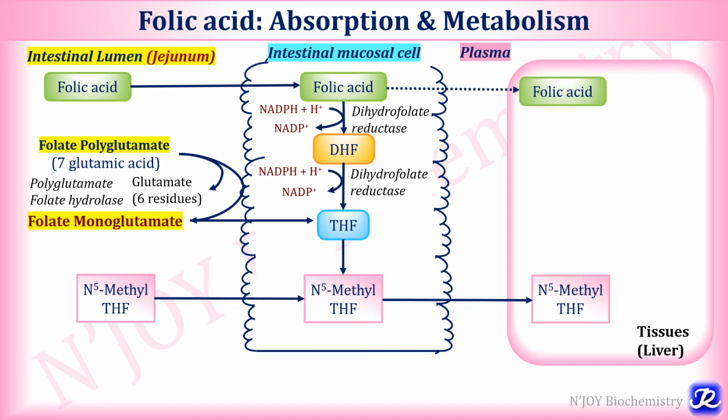And there are megaloblastic changes also seen here due to folic acid deficiency. These megaloblasts are the large nucleated red blood cell precursors with non-condensed chromatin due to impaired DNA synthesis. So macrocytic anemia due to folic acid deficiency is a megaloblastic anemia.